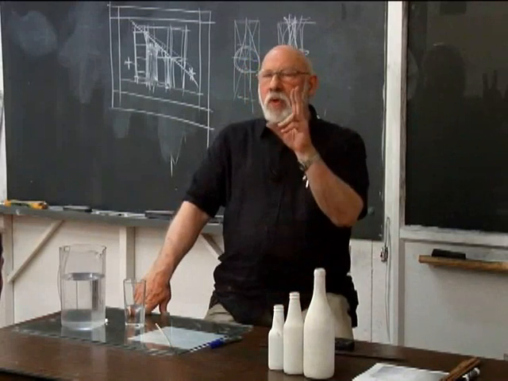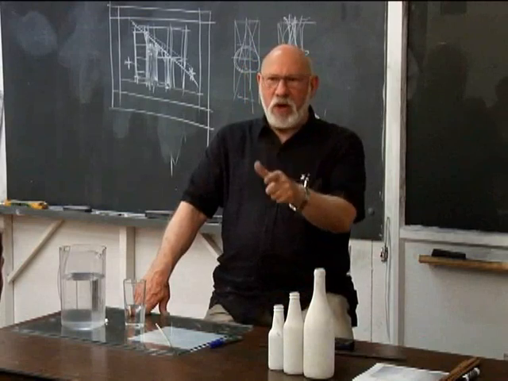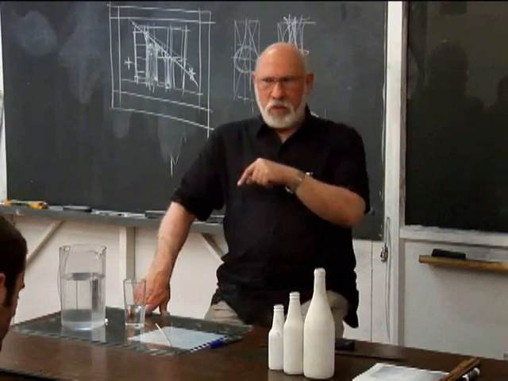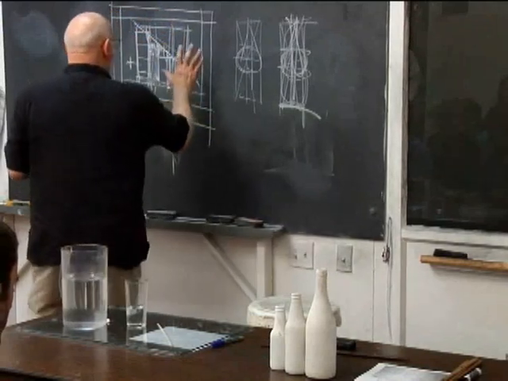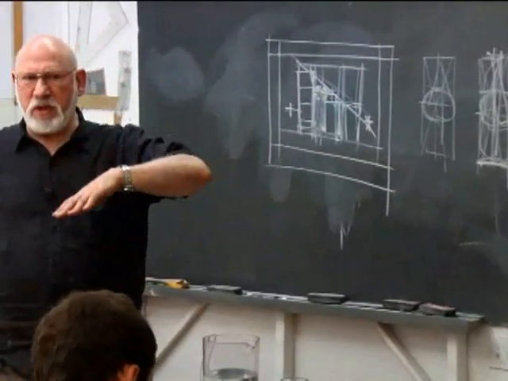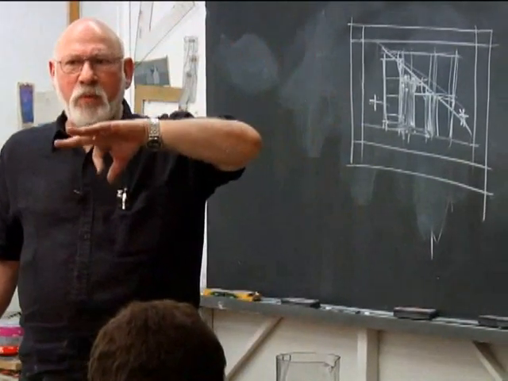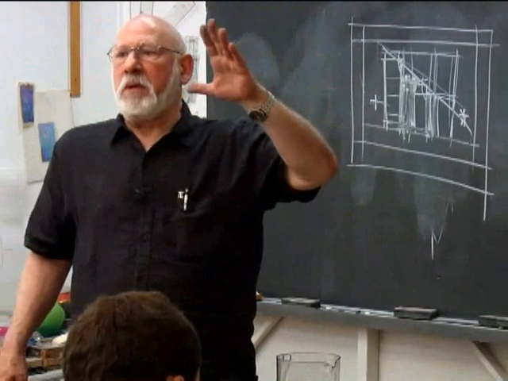Then I want you to do 3 pages each for each of your bottles in gesture drawing. So you'll have all the make ready for this, which will be a page where you measured the bottles and found out what the ratios were, and saw how wide one bottle was against the other.